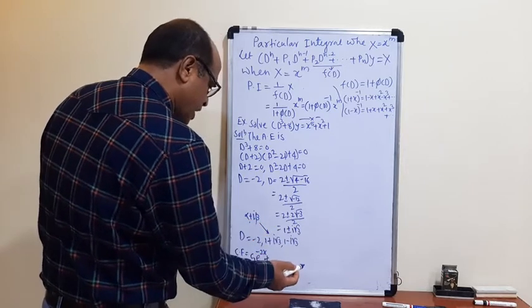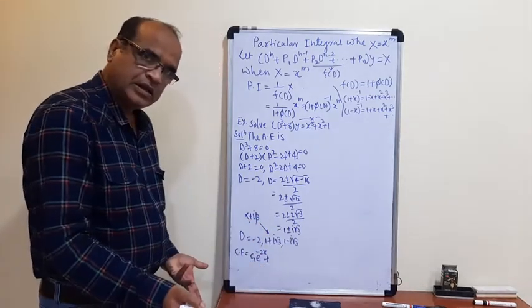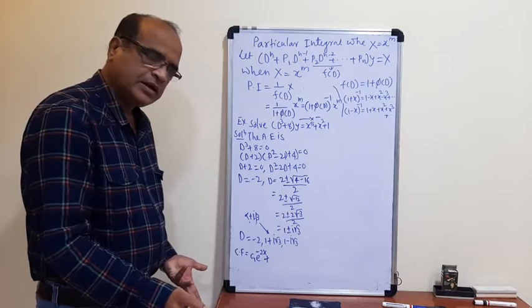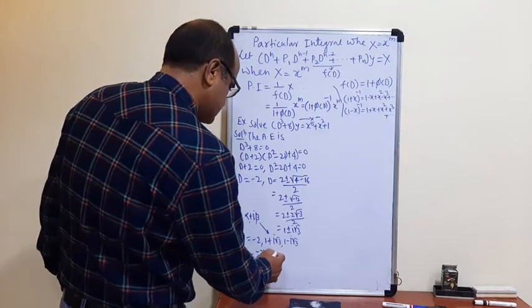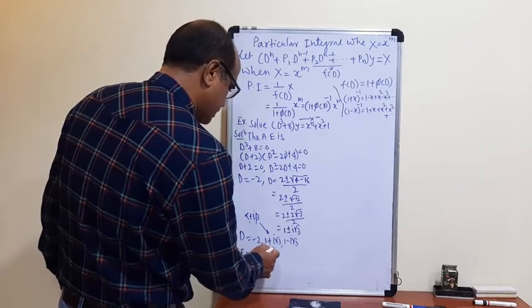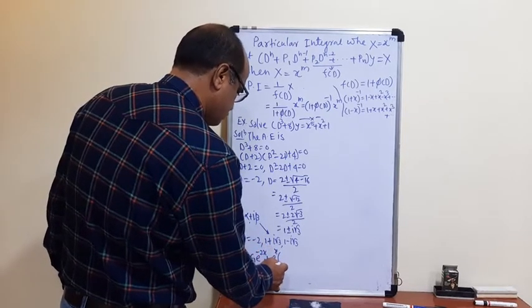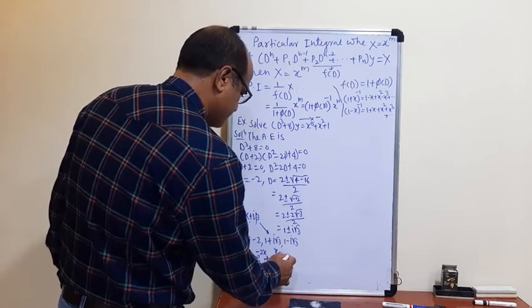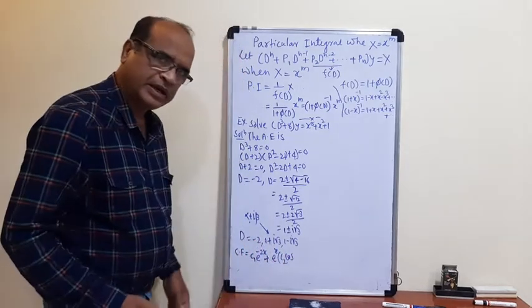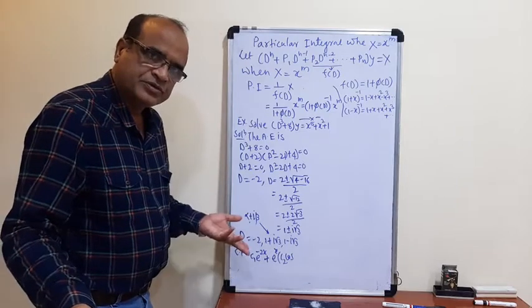What is the formula to find the CF when the roots are imaginary? It is e raised to alpha x. Alpha is 1, so e raised to x into bracket C2 cos beta x. This is the standard formula, and we will be taking many examples using this.